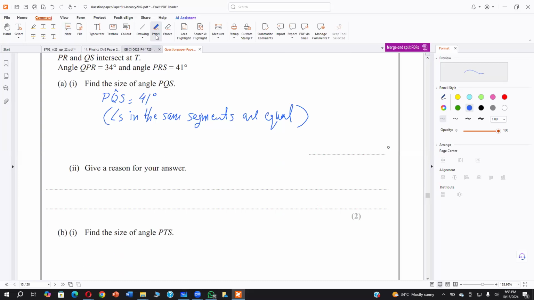I have already written the reason and it is asking for the reason here. Angles in the same segments are equal.